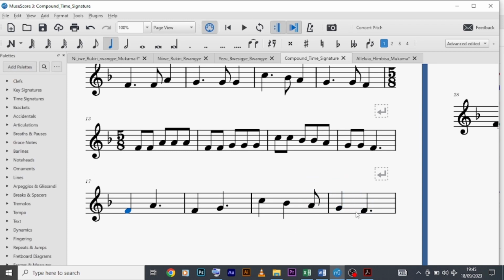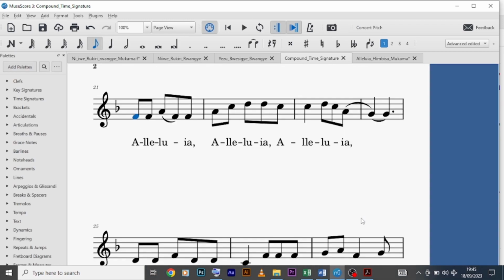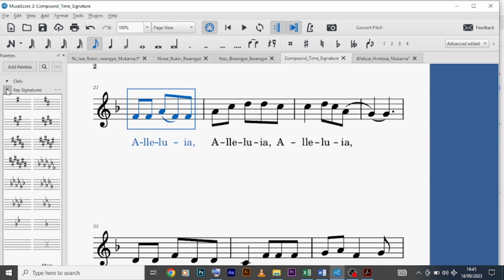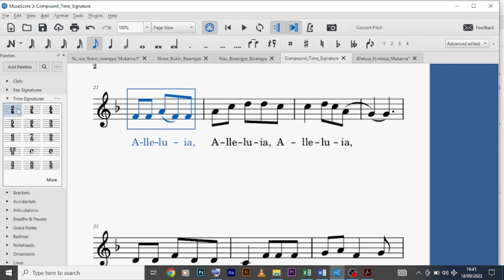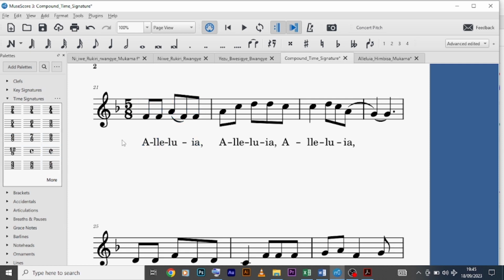Then I want us to use an example of a simple common song, Alleluia Himbisa Mukama. This is a song in time signature 5/8. So we expect to have a drum as 1 2 1 2 3, 1 2 1 2 3, which is ta te ta te ta.